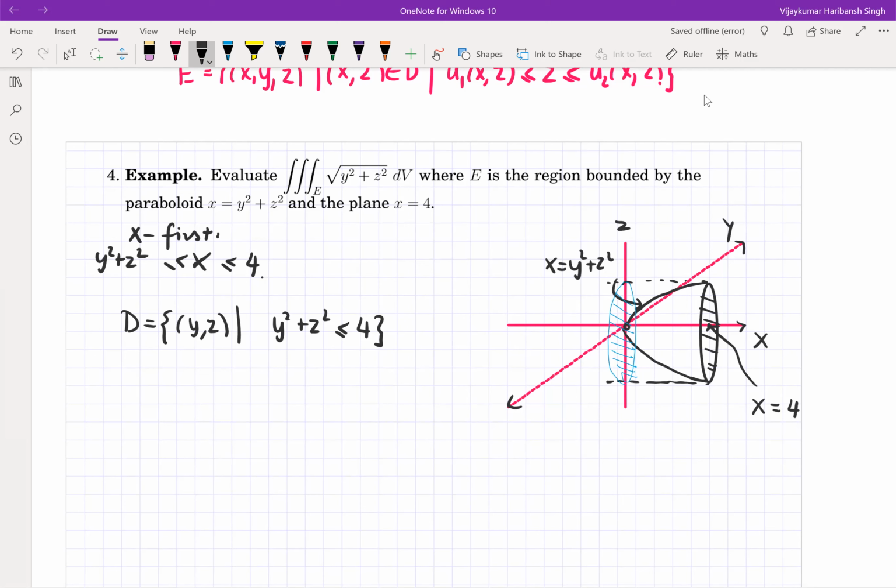So the first thing is the footprint in the YZ plane.